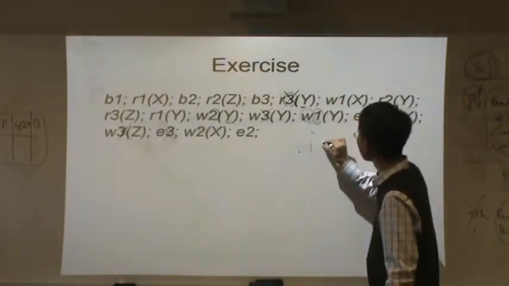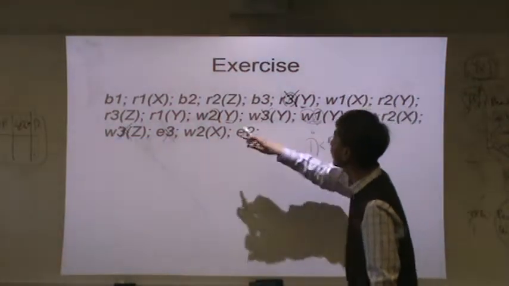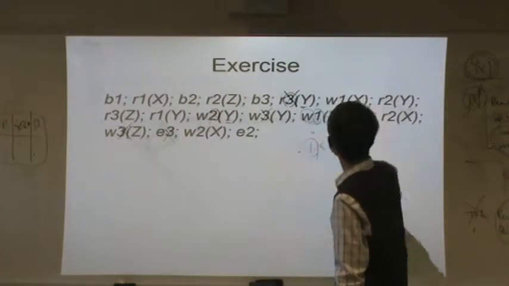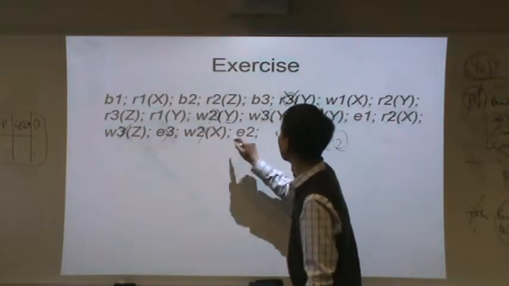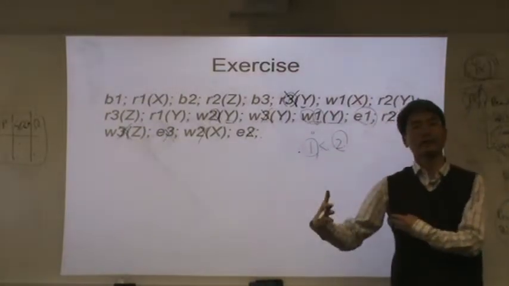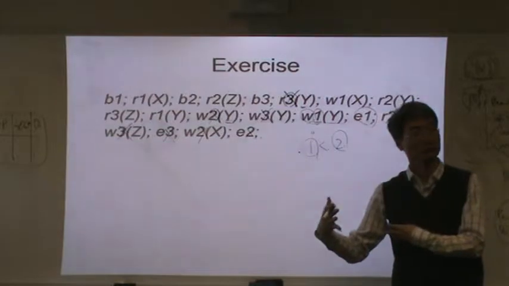So T1 is older than T2, right? 1, 2, 3. So T2 will be terminated. Then T1 will be successfully terminated without abortion. Okay? So that makes sense.